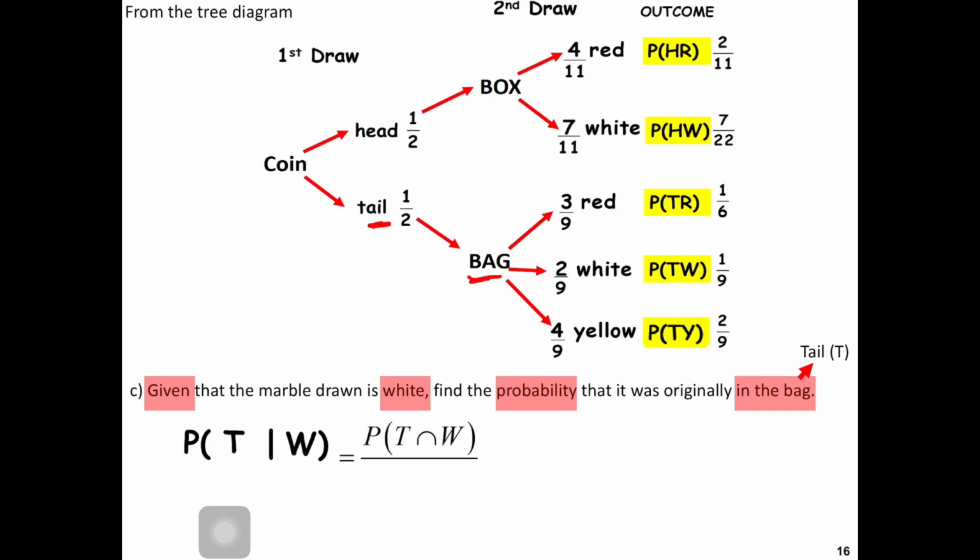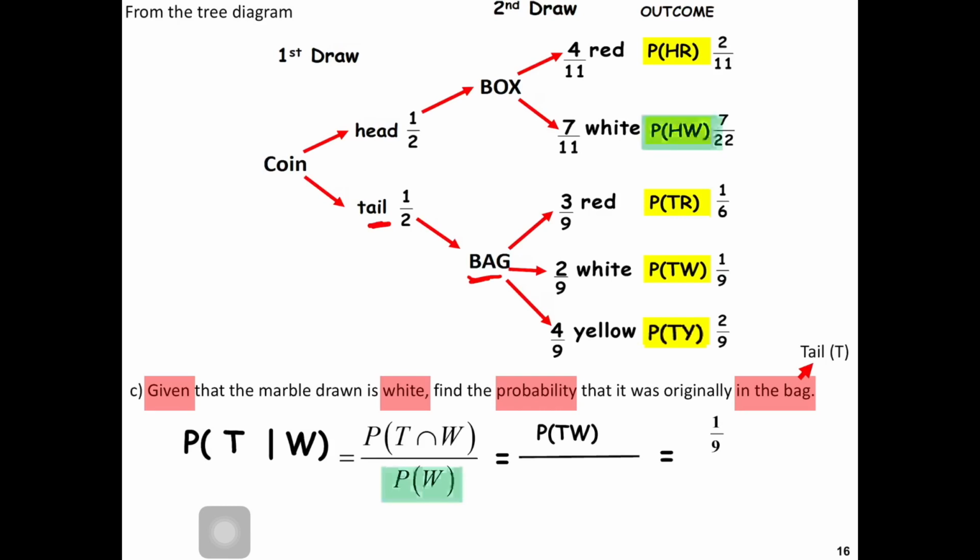So use the conditional probability formula, which is the probability of T intersect W over the probability of W. Based on our tree diagram, T intersect W is the probability of tail and white, where the value from the tree diagram is 1 over 9. This is over the probability of W, which means any outcome that has a white marble.